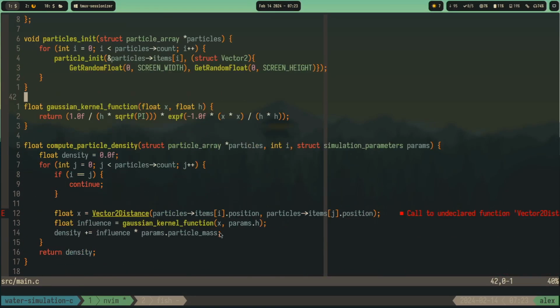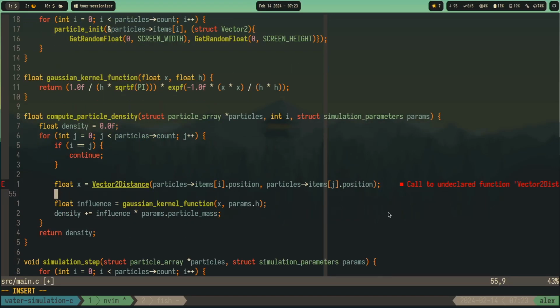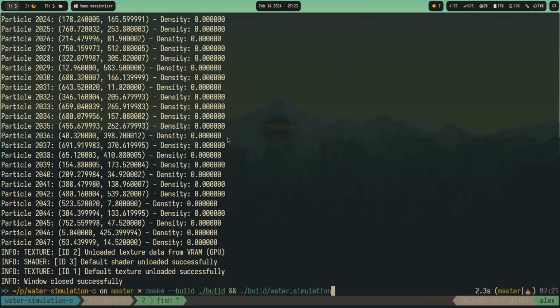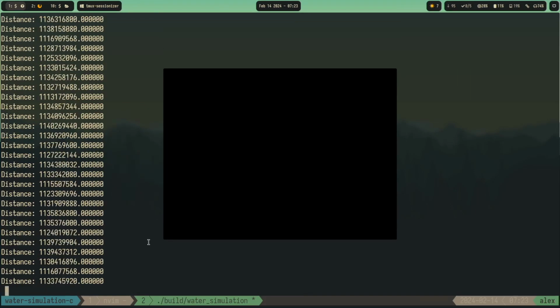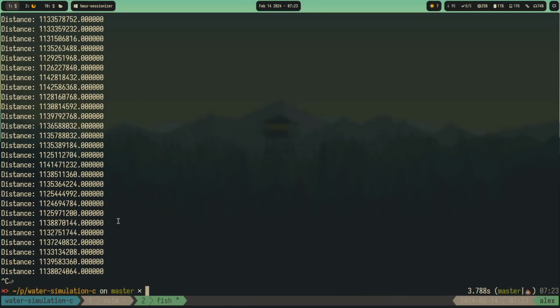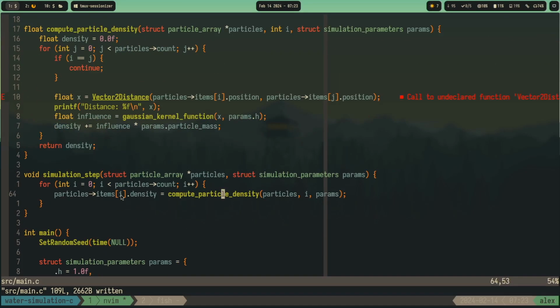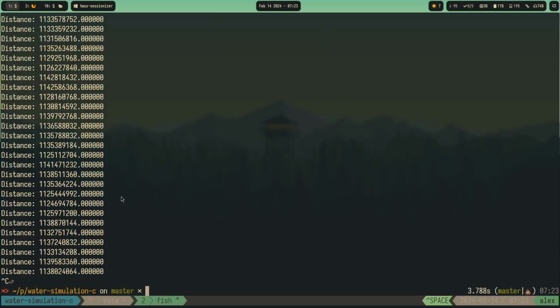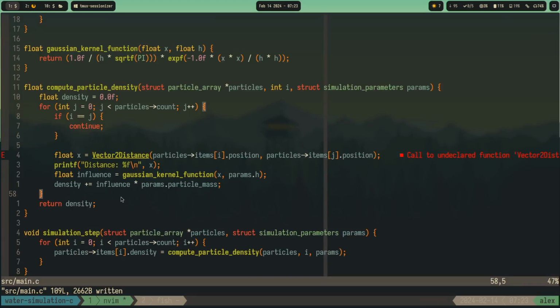So what do we get here? Let's see. So we get something, some huge number. That's not good, because the distance cannot be this big.